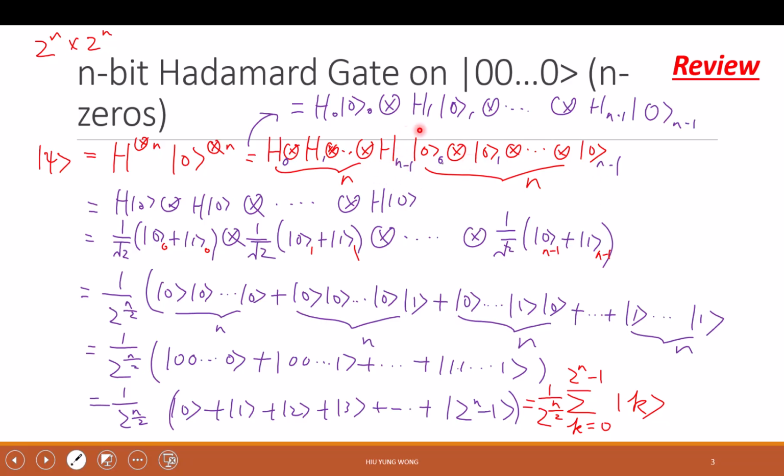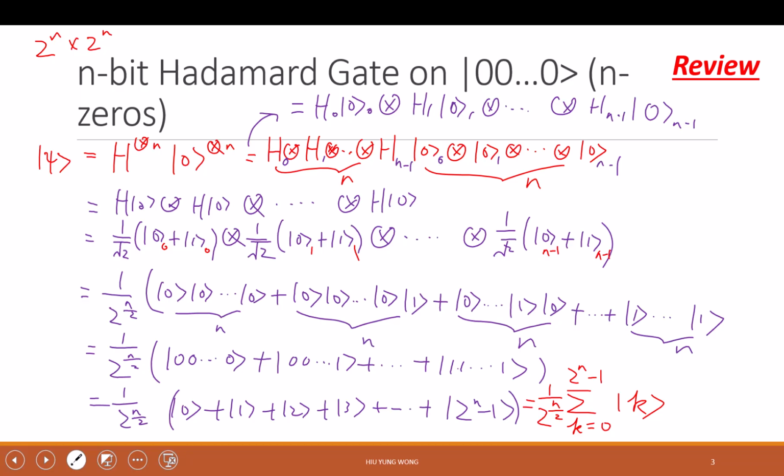Although you won't make a mistake even if you do that, physically this is applied to this because we're talking about this space. This belongs to the nth minus 1 electron. Then the operator needs to belong to that. For example, it means the laser pulse I shoot on the nth electron, or the microwave pulse I shoot on the nth electron. You cannot say that the laser pulse applied to the first electron affects the nth electron.